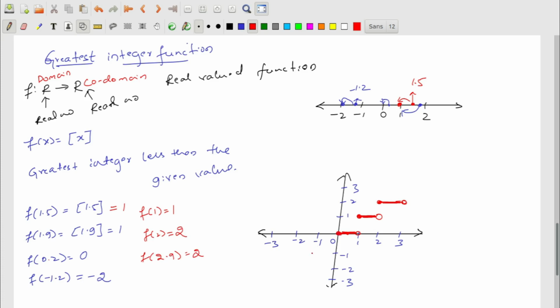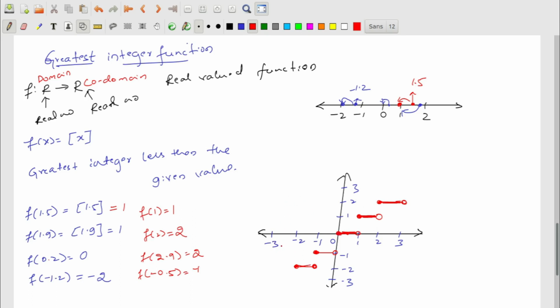Now if I take f of minus 0.5, that will be minus 1. This point will be minus 1, so you can take excluding 0 till minus 1, and the same here, including minus 2.